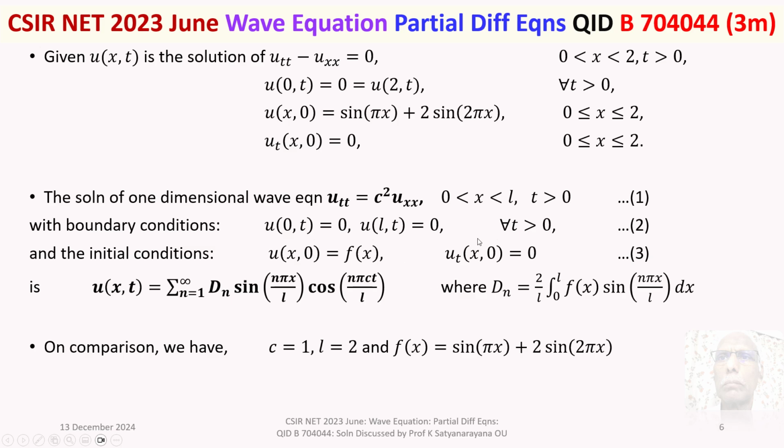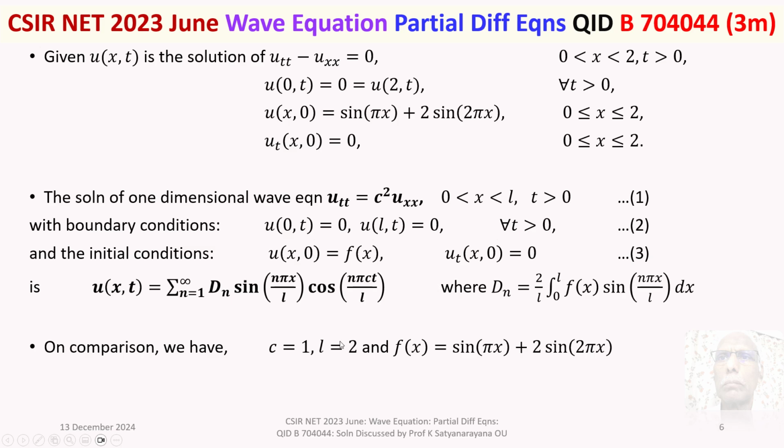Right. In our case, we compare the general equation and the general conditions with our conditions, with our question. We get c is 1 and L is 2 and f of x is sin pi x plus 2 sin 2 pi x.